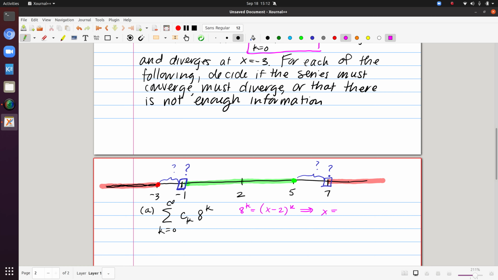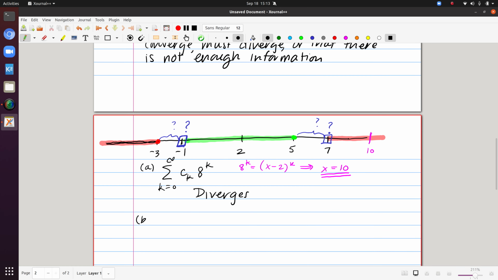And that would happen if x is 10. So what's helpful here is to identify what value of x was plugged in to get this series. We decide that it's 10, and now I can look at my number line. So 10 is in this known area of divergence. So noting that this corresponds to x equals 10, I know that this series has to diverge.